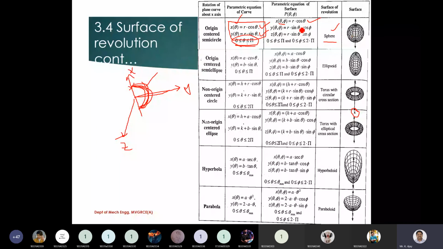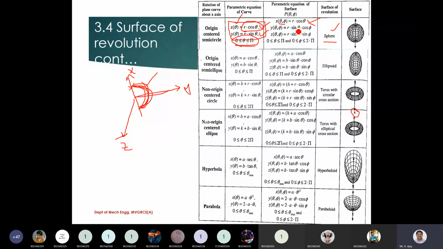The surface equation comes with two parameters. That's the reason he is using theta and phi as two individual parameters. So x of theta comma phi directly comes from the same equation. Whatever is the x coordinate of the curve, the same x equation will come for the surface also.